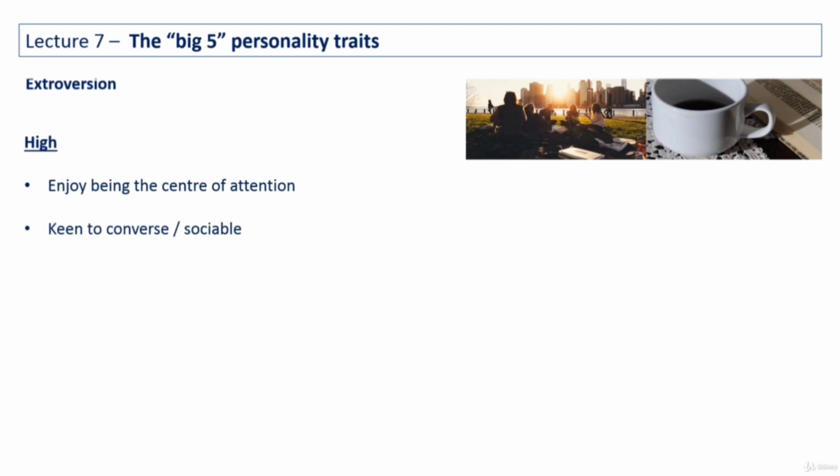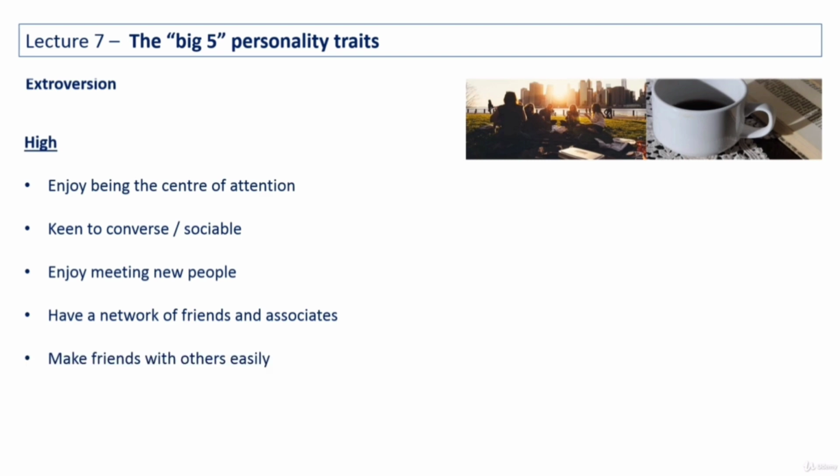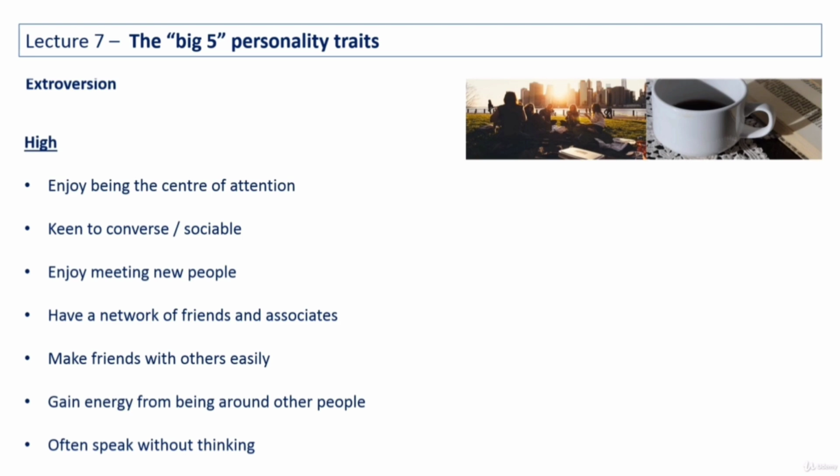They are keen to converse and be sociable. They enjoy meeting new people. They have a network of friends and associates. They make friends with others easily. And they gain energy from being around other people. And they often speak without thinking.